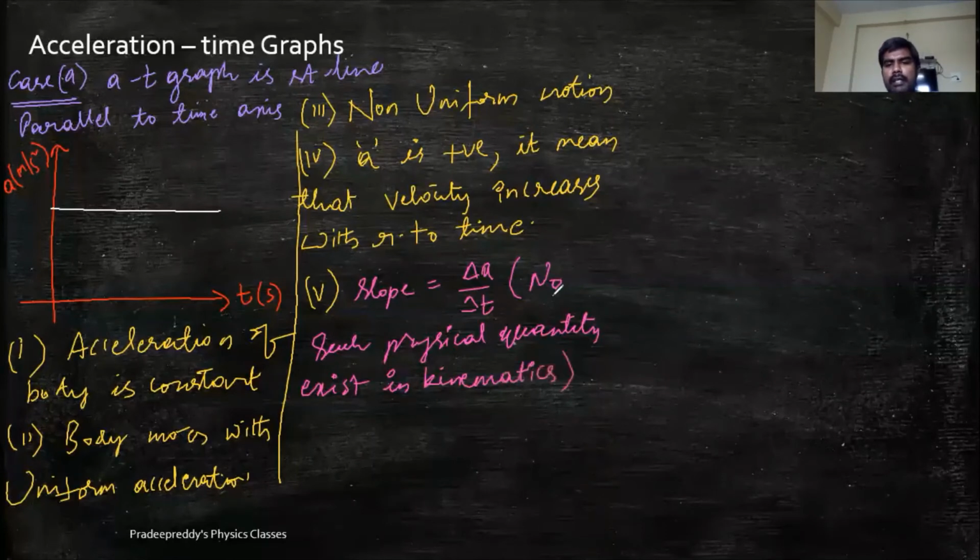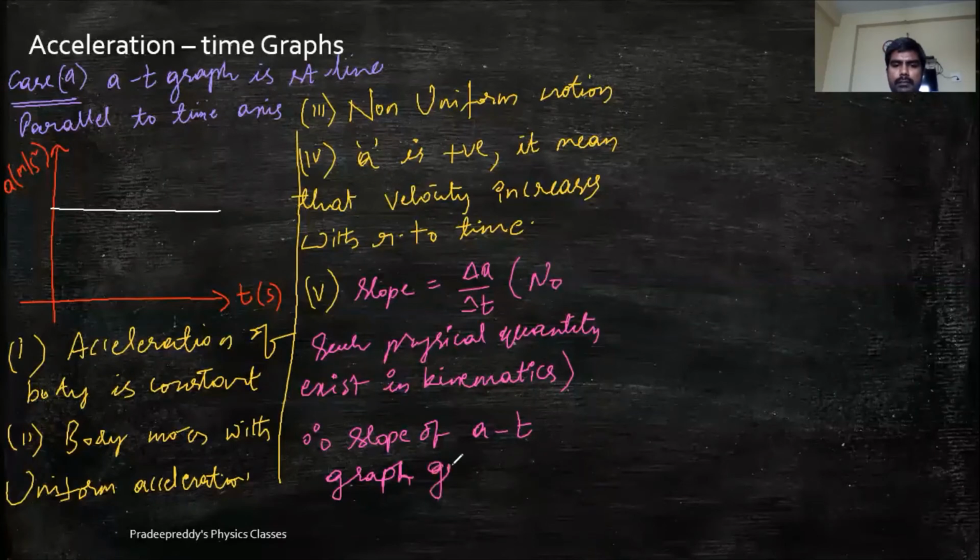No such physical quantity exists in kinematics. Therefore, slope of AT graph gives nothing. No physical quantity you will be getting if you calculate slope. That is one important thing you should understand.